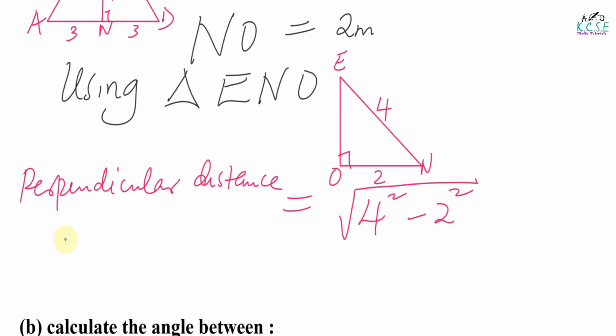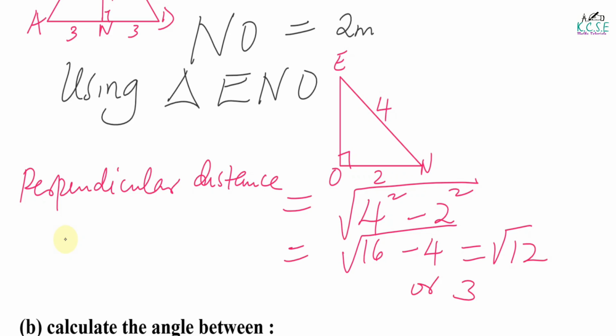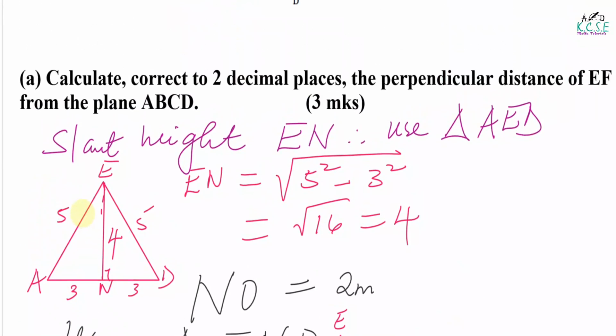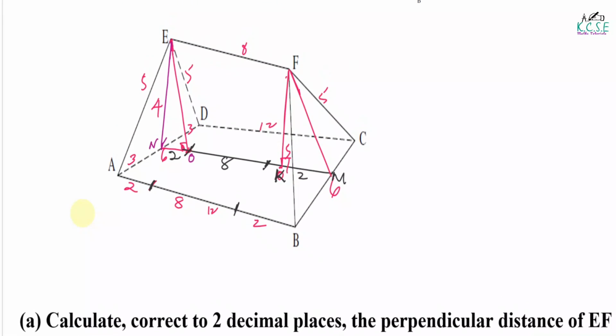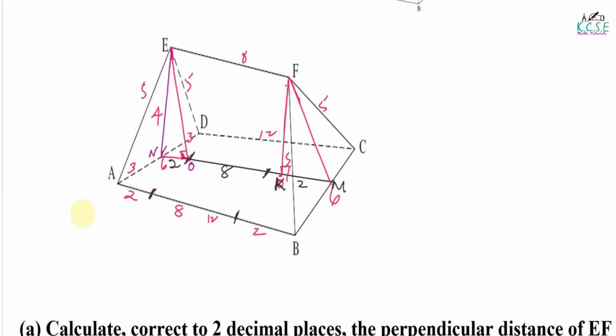So this will give 16 minus 4, which you can give as the root of 12, or you can get the root of 12 as 3.46 meters. So you can give the answer in root form, in surd form, or in decimal. So that is how you're supposed to get the perpendicular distance, by simply drawing those important triangles, extracting them, and taking note of all the measurements.